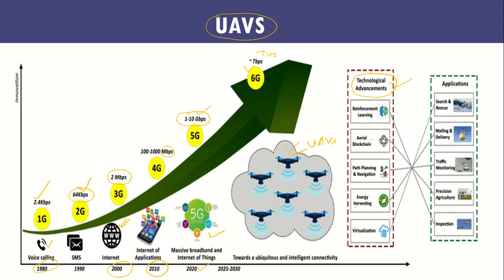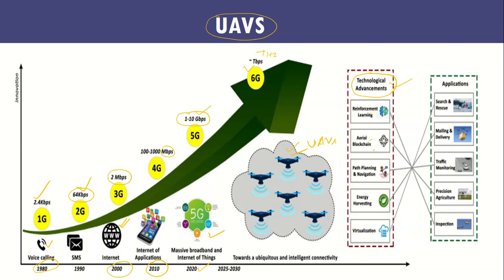About energy harvesting, how we can get more energy with the help of photo detectors. And finally virtualization: everything is connected with the server, and the data of every user is stored directly on the servers.